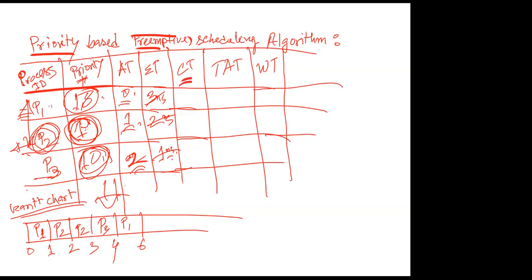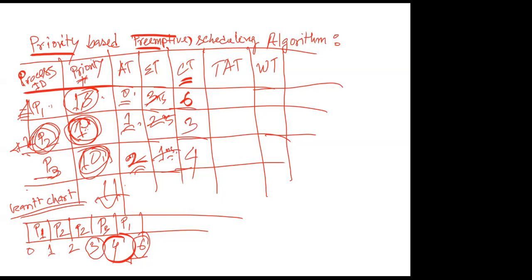Completion time is nothing but at which stage a process completes. Here process P1 completes at 6 time units, 6 nanoseconds, process P3 completes at 4, and process P2 at 3. This is the completion time.